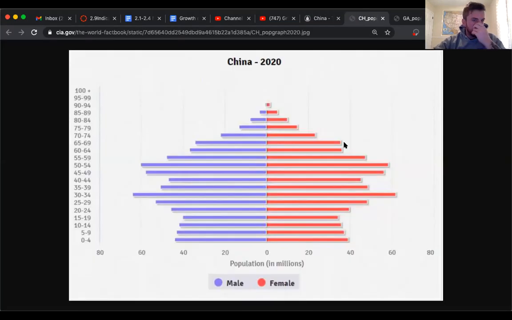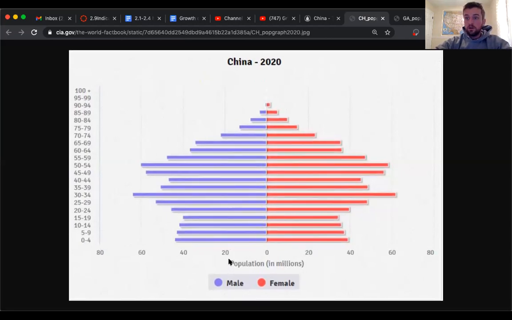Okay. Now, with that being said, China right now has a majority of its population in those productive years, which is relatively good because it can provide support to the people at the top of the pyramid, and it can provide support to the people at the bottom of the pyramid.